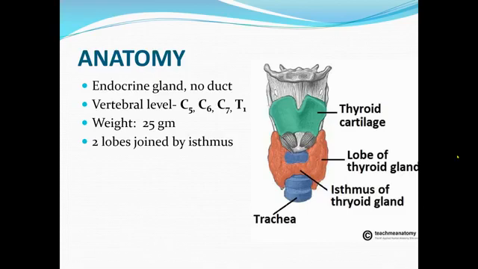The superficial surface is covered by three strap muscles, that is sternothyroid, sternohyoid, and the superior belly of omohyoid.